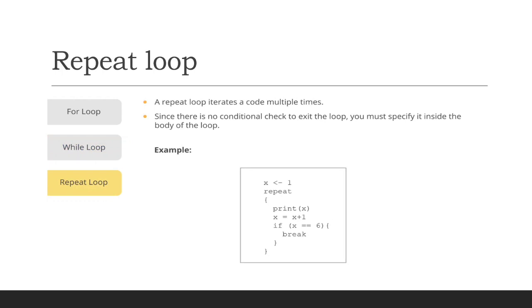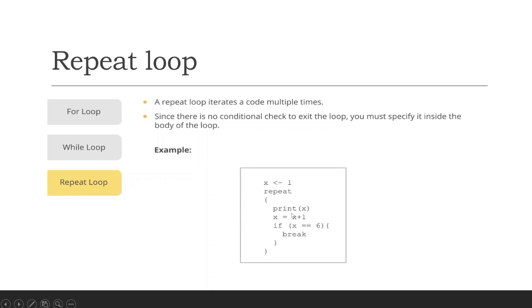Third loop, that is the repeat loop, it iterates a code multiple times. Like if you don't know how many times you need to run a code, or you don't know what condition to put in front initially, then you can directly go for the repeat loop. There is no conditional check to exit the loop. You must specify it inside the body of the loop. Like you can see here, x is initialized to 1, and then the repeat loop.